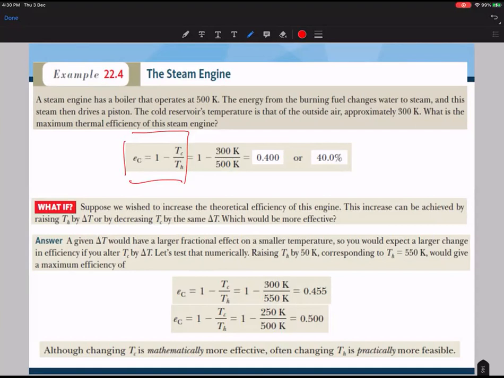When you lower the temperature of the cold reservoir or raise the temperature of the hot reservoir, efficiency, of course, can be increased in both cases, but whether the situation is practical or not depends highly on the scenario. Cooling the reservoir down to 250 K, which is minus 27 degrees C, does not seem to be very practical in many situations.